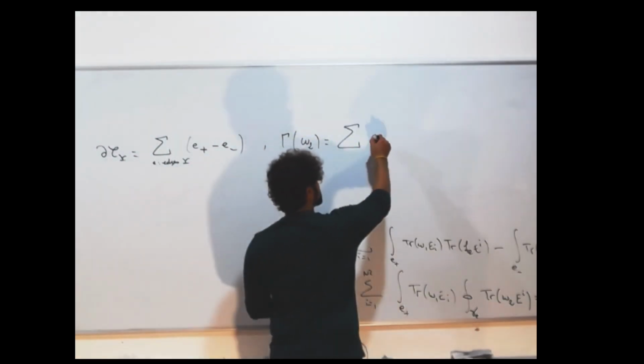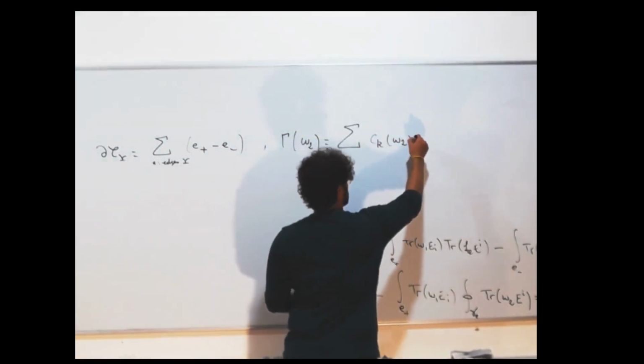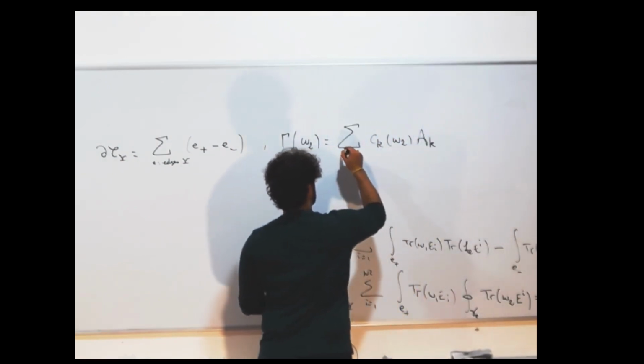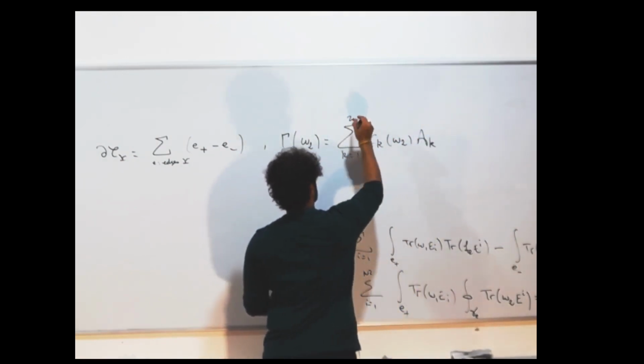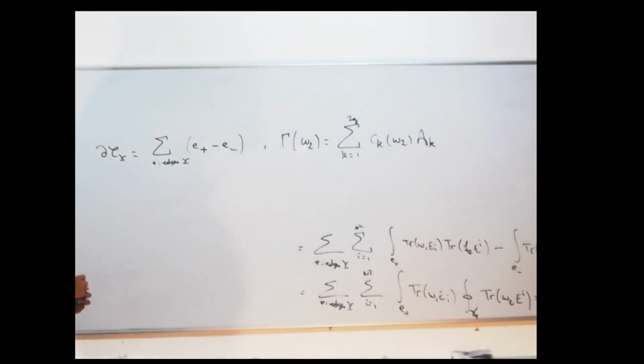So the coefficients, you write them ck of omega 2, ak, this from 1 to g.